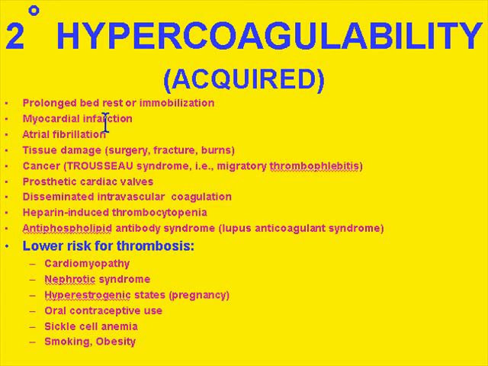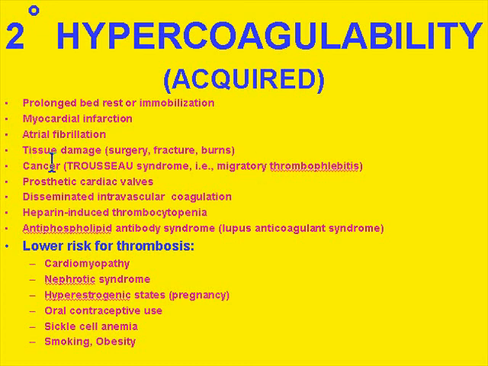Myocardial infarction can introduce problems in flow, especially in the chambers of the heart, especially atrial fibrillation, in which the atria don't really beat, they just kind of quiver. That certainly is abnormal flow from that end of the triangle. Tissue damage can trigger tissue factor, whether it's from extensive surgery, fractures, or burns.